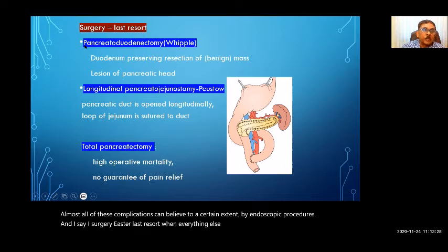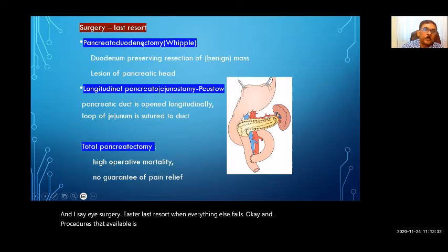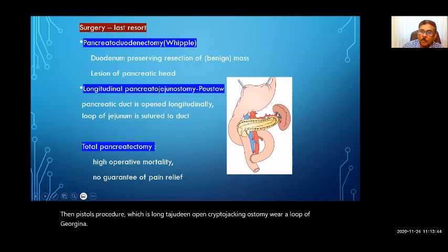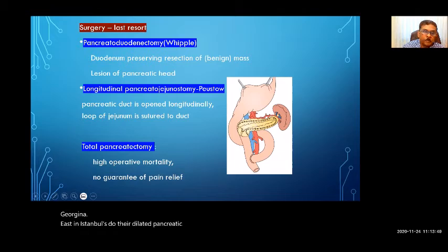The procedures that are available are the Whipple's operation or pancreatoduodenectomy. Then Puestow's procedure, which is longitudinal pancreatojejunostomy, where a loop of jejunum is anastomosed to the dilated pancreatic duct, which is opened up.